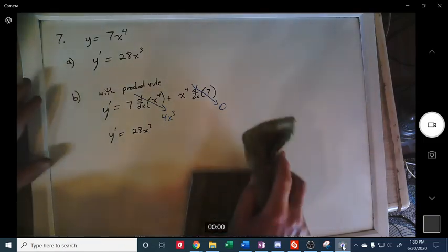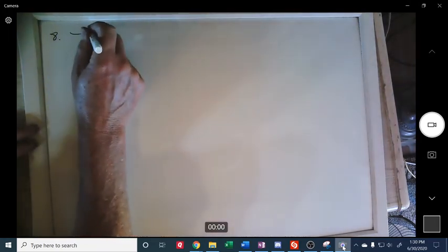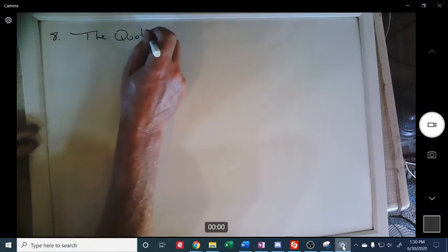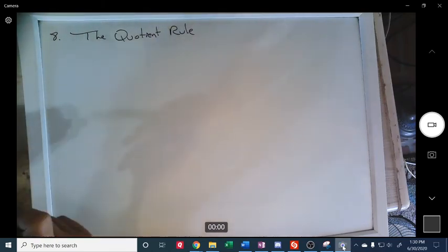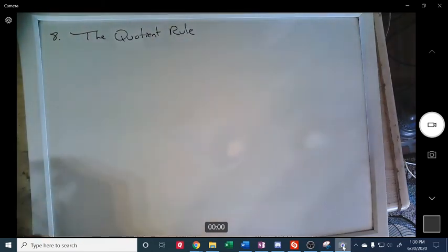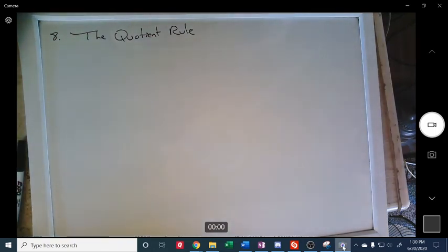Let's go to the quotient rule. Now, the quotient rule, I'm not going to be able to give you an explanation of why it is the way it is for a while, because we've got to get to some more advanced stuff before the quotient rule will make sense.